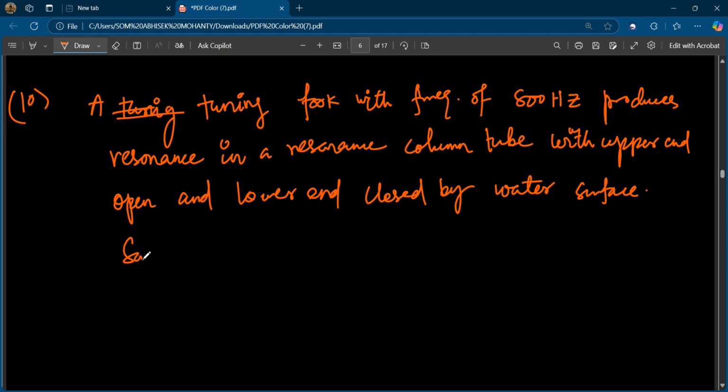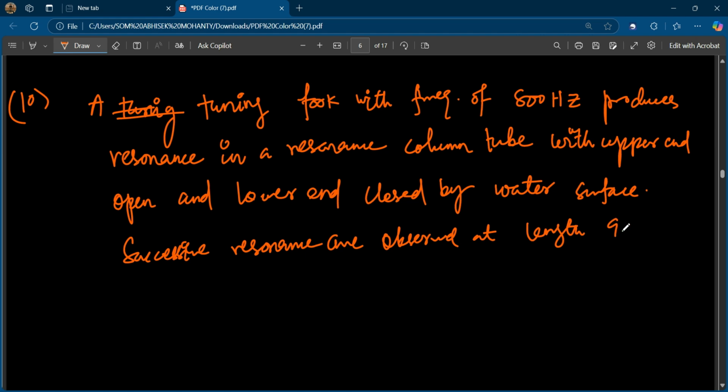Successive resonances are observed at lengths 9.75 centimeter, 31.25 centimeter, and 52.75 centimeter.